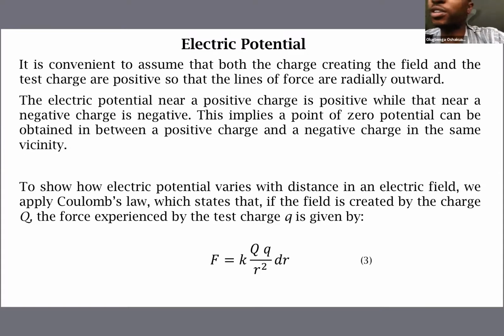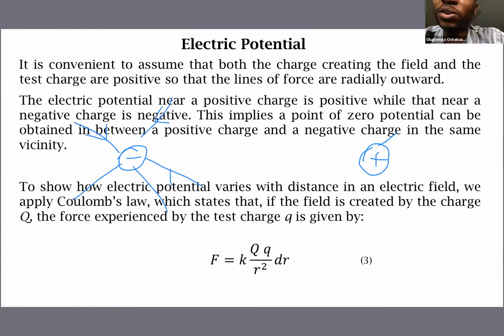What this is telling us, when we have a positive charge here and a negative charge here, like we said long ago, is that the lines of force for a negative charge are directed radially inwards, while the lines of force for a positive charge are directed radially outwards.